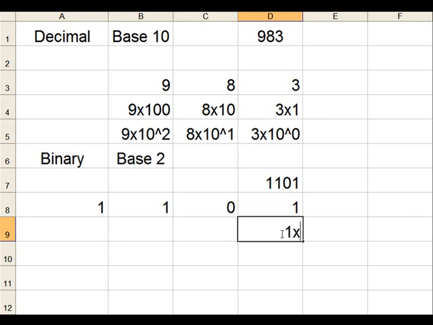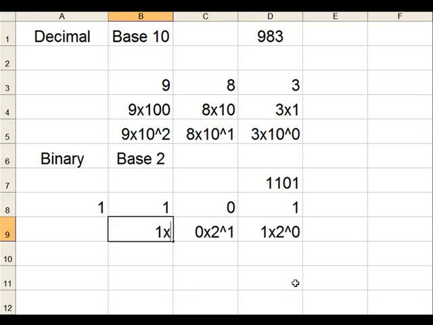So we have 1 times 2 to the power of 0. 2 to the power of 0 is 1. So this is the 1's place. So this 1 actually does represent 1 in the decimal number system as well. What does this 0 represent? It represents 0 times 2 to the power of 1.